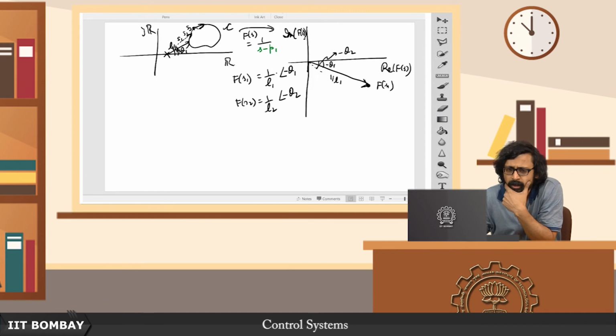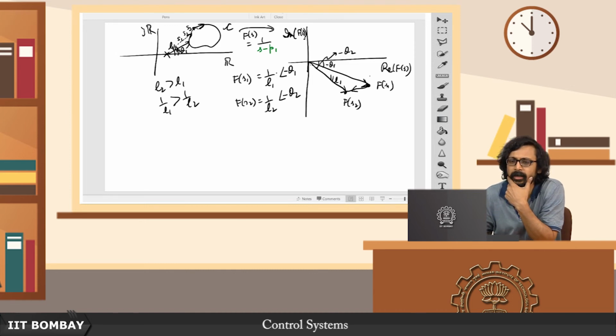So, how is this going to matter to us? Well, let us see. Now notice this, from this figure it seems that L2 is greater than L1, therefore 1 by L1 is greater than 1 by L2. So, this 1 by L2 is going to be of a smaller length. So, probably something like this. So, in going from S1 to S2 you went in a clockwise sense, in going from Fs1 to Fs2, which is this, you are also going in a clockwise sense.